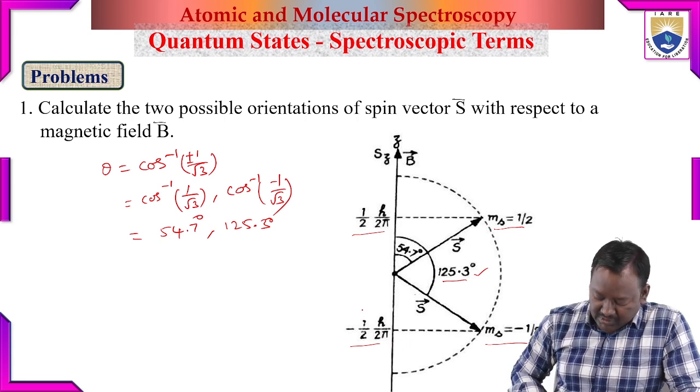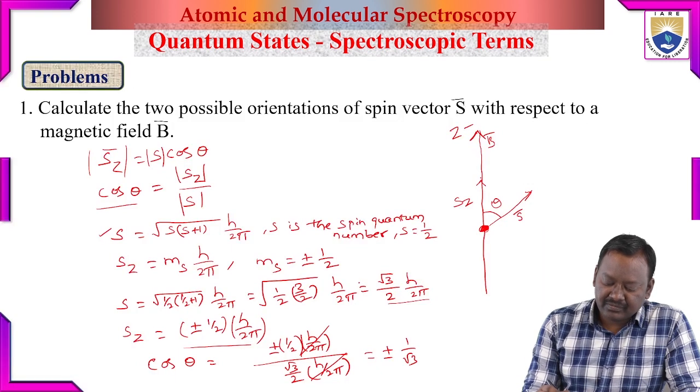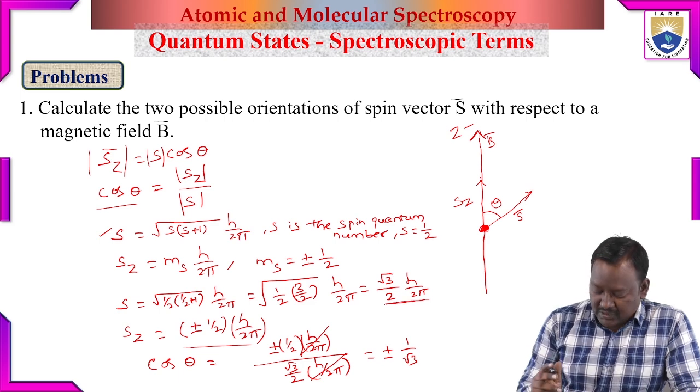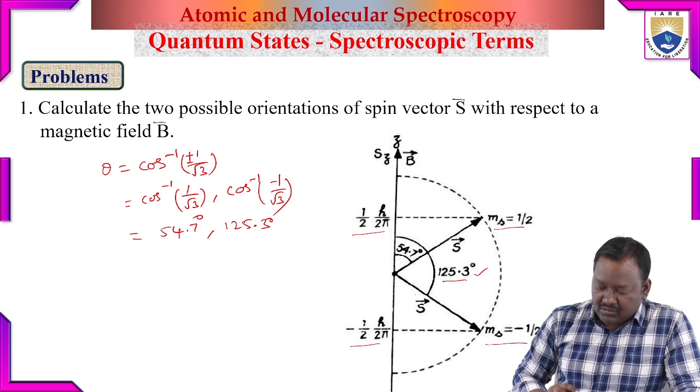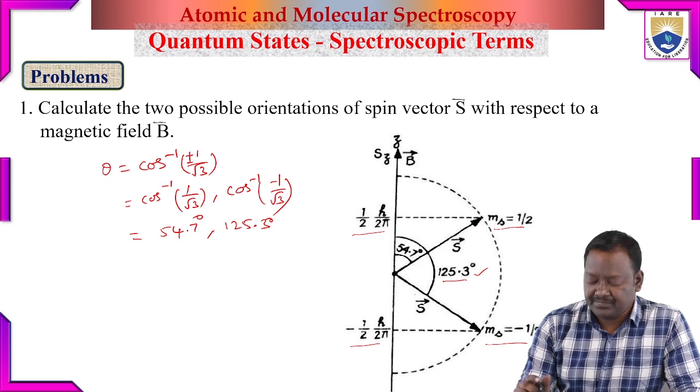The magnitude, that means the length of the spin vector, is square root 3 by 2 h by 2 pi. This is the magnitude of the spin vector. So these orientations of spin vector are shown in this diagram.